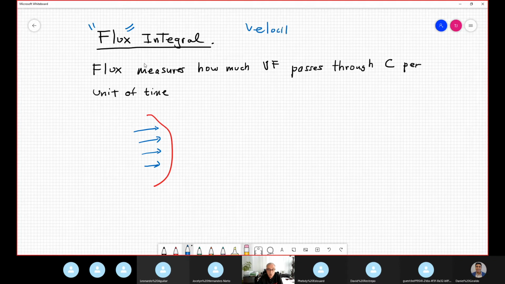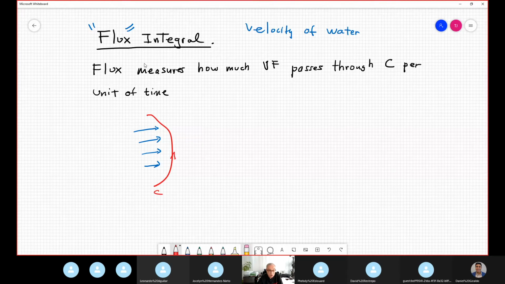Velocity of fluid, of water maybe. Then I need to compute how many liters of water pass through this surface. So how do you compute that? Well, it's complicated because the vector field is variable, and the geometric location of the curve is also variable.